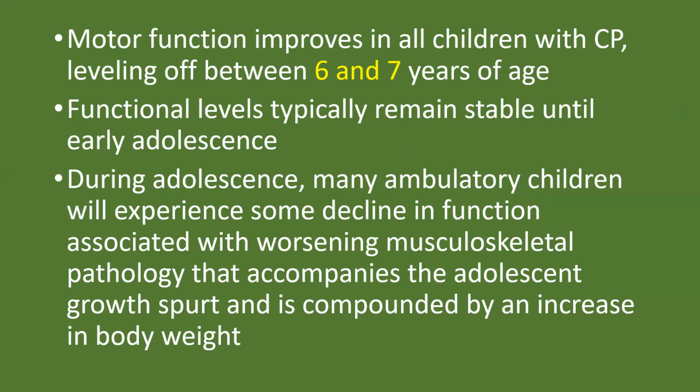During adolescence, many ambulatory children will experience some decline in function associated with worsening of musculoskeletal pathology that accompanies the adolescent growth spurt and is compounded by an increase in their body weight. Many of these children are overweight, and this lets them function poorly. So you have to keep this in mind.